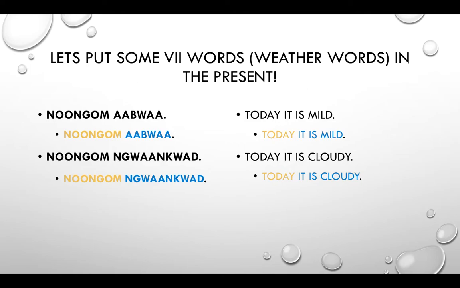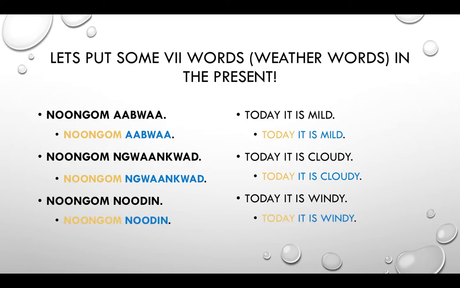Nguankwet means it is cloudy. Nongum nodin. That means today it is windy. So again, nongum means today. Nodin, it is windy. So present tense, we don't have any tense markers here.